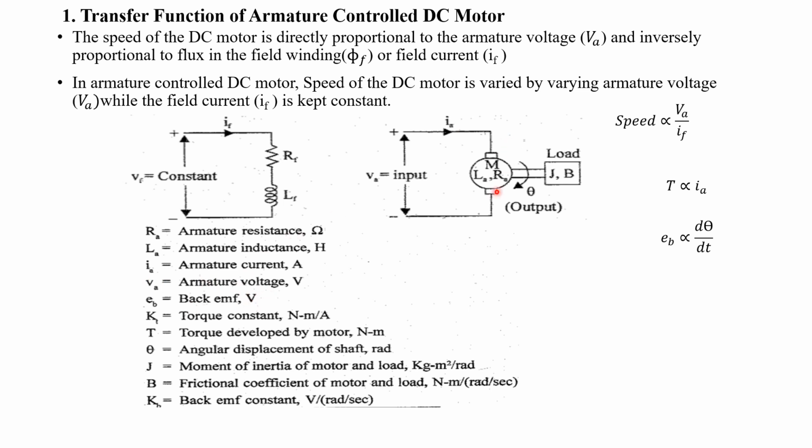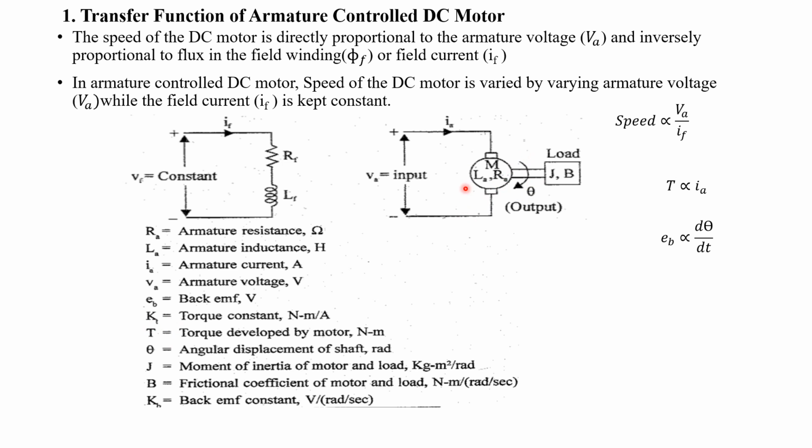Inside the motor there will be a generation of back EMF, that is represented by EB. EB is nothing but EMF, that is voltage, which is measured in volt. Then KT is nothing but torque constant. Here there will be a generation of torque, isn't it? The torque constant will be represented by KT. Then T will be the torque developed by the motor, that I told already.